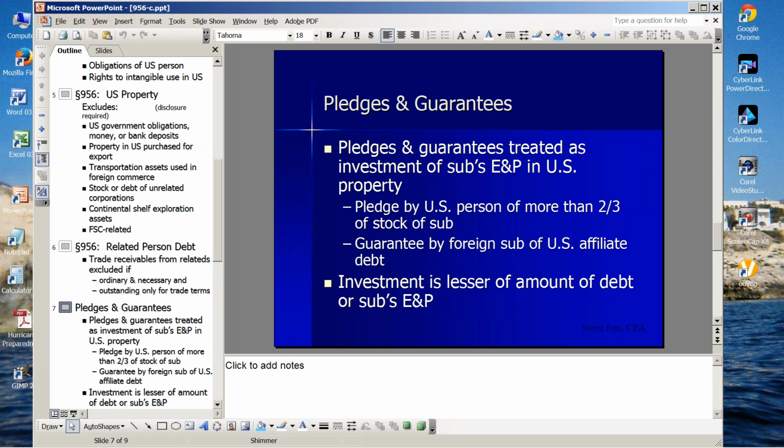Have them talk to their own tax people and make sure they get to an international tax person. If it's a small bank, you may run into problems. They may not know how to spell international tax. But if it's a larger bank, they'll eventually get to somebody that says, no, you can't do that. You can't have everybody pledging everybody's stock and everybody guaranteeing everybody's loans. It just doesn't work.